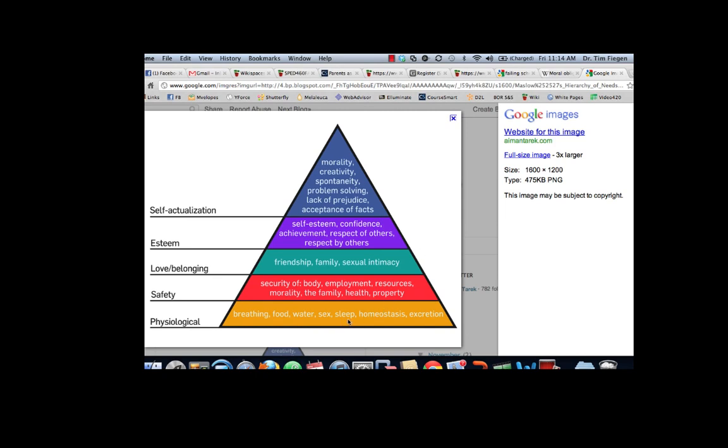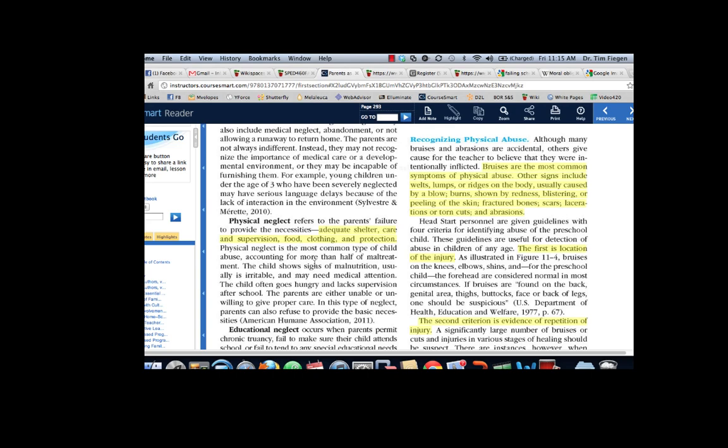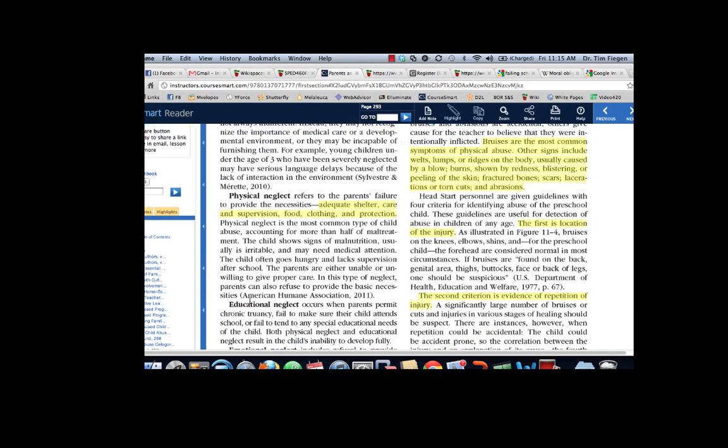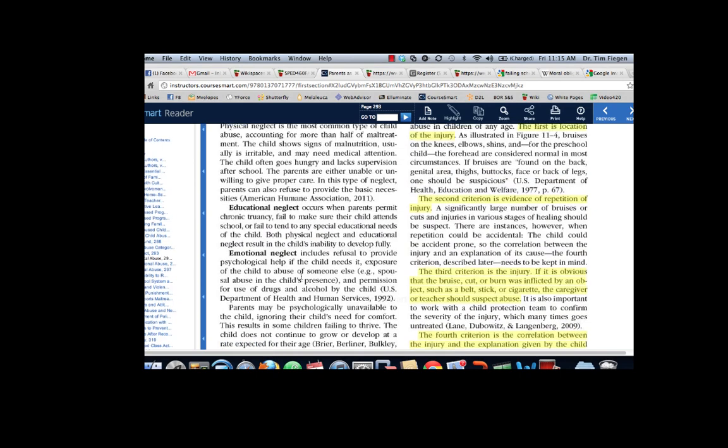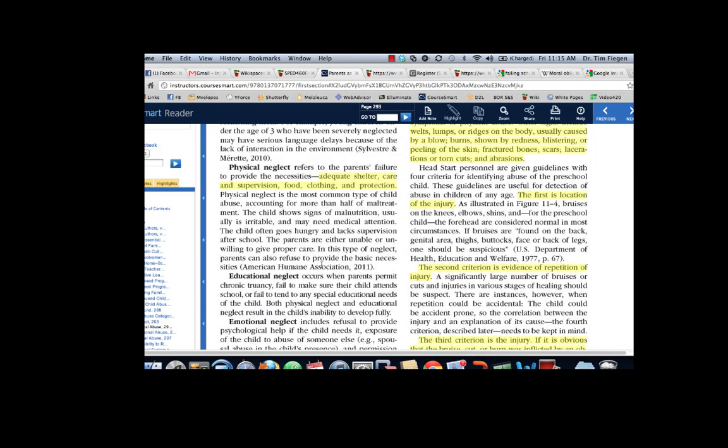Okay, if I'm struggling to provide these for you, or even safety, if I'm struggling in there, how in the world can I possibly think about providing these other things like educational needs and emotional needs? If I'm worried every day about feeding you, having enough food, and having a safe place, I can't imagine how you would function any other way.